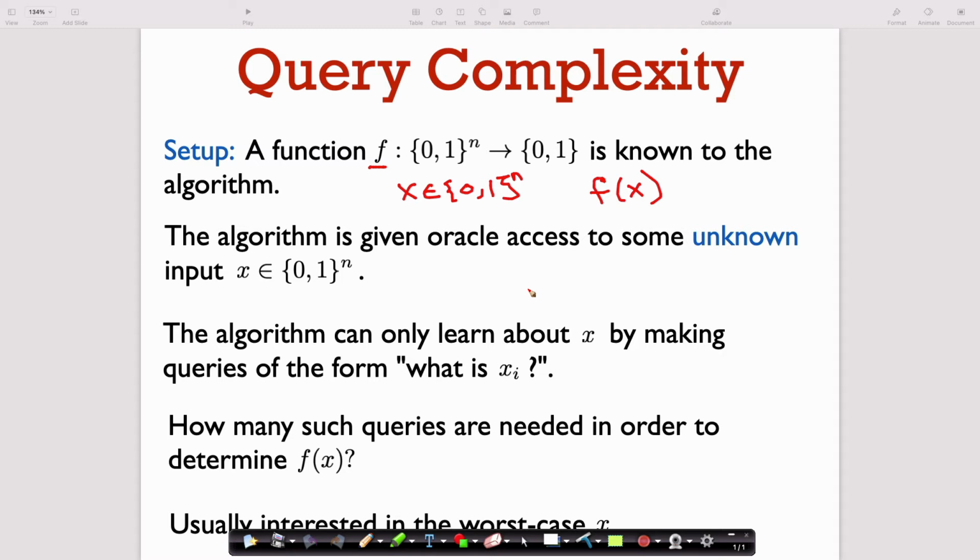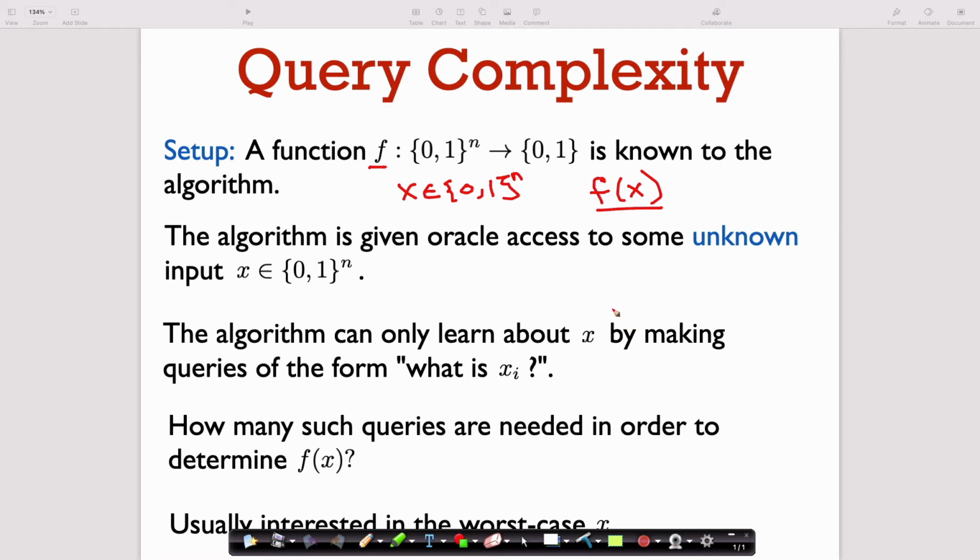And the oracle tells us the third bit of x is 0. Then we can ask, what is the seventh bit of x? And the oracle says it is 1. We keep asking questions of this form until we have enough information that we can actually output f of x. And the question is exactly how many queries are needed in order to determine f of x.